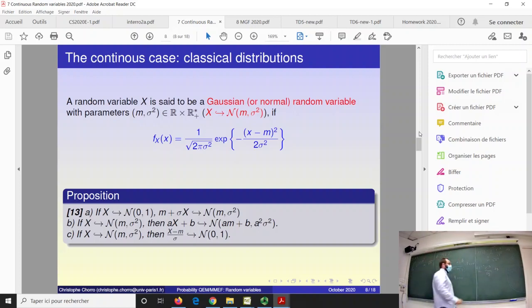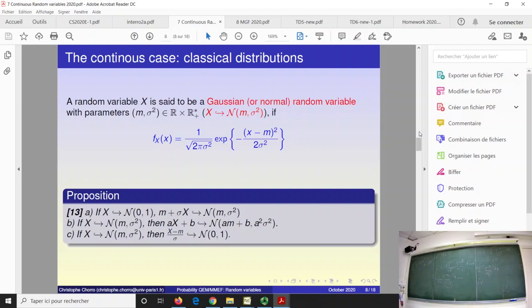I do a change of variable, that is z equal to y squared. Why is this a change of variable here? Be careful, a change of variable has to be something that is bijective. And a priori, the square mapping is not bijective on R. But I am on R plus here, so it means that I am only on this part where the square is bijective, with a bijection that is the square root.